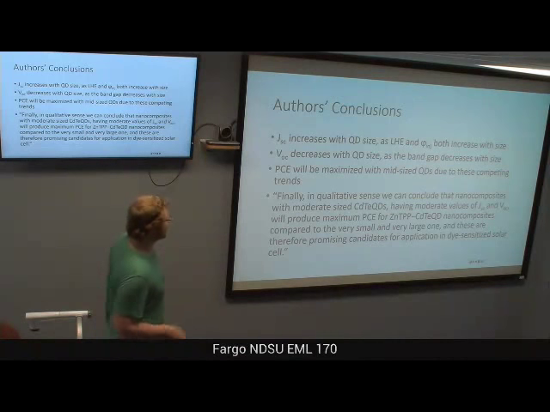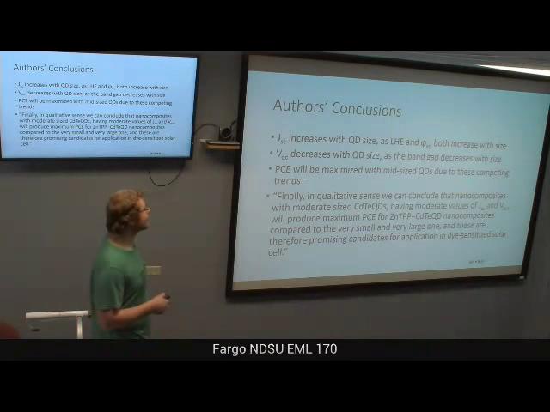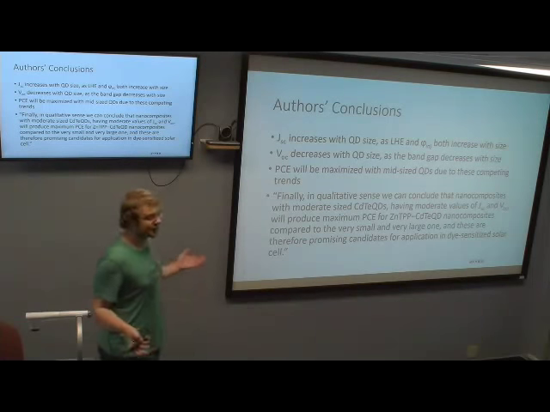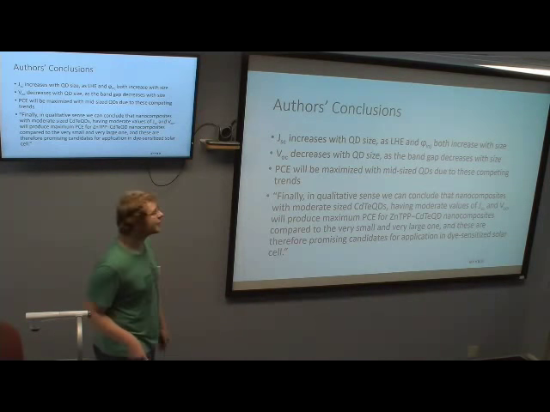Oh, we already have the current conclusions. J increases with the quantum dot size, and they just kind of randomly decide to make this sigma relevant, both increase the size, and then the V, or the voltage, decreases with the quantum dot size as the band gap decreases with the increased size.